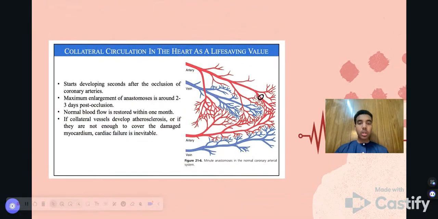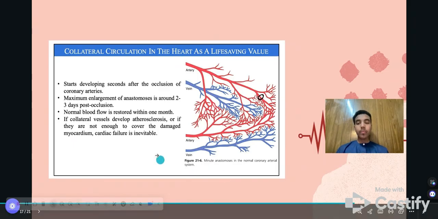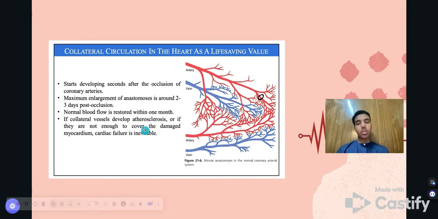Collateral circulation in the heart has a life-saving value. When you have myocardial ischemia, what's going to happen to your blood vessels? They're going to get arteriosclerosis. They're going to be blocked, and blood isn't going to be able to pass through the arteries. So, as you can see here, when this happens, you're going to have anastomosis, which happens around 2 to 3 days post-occlusion.